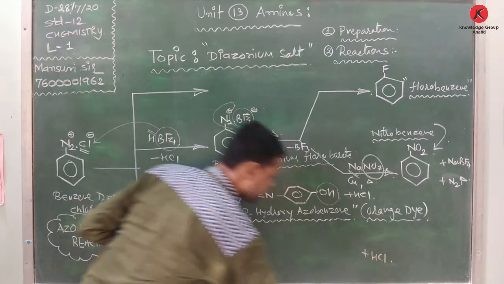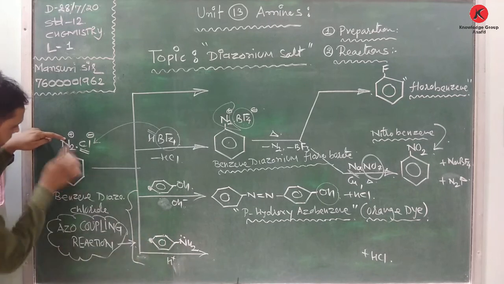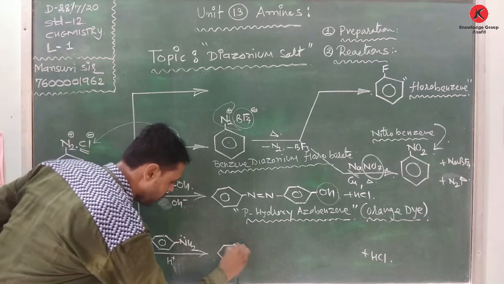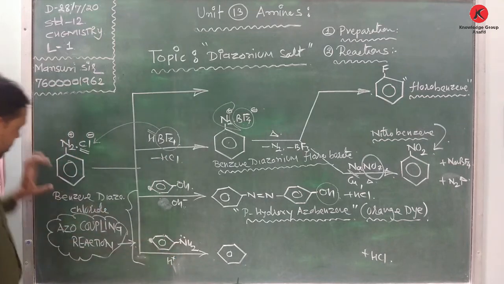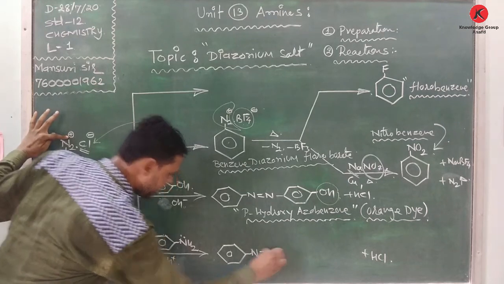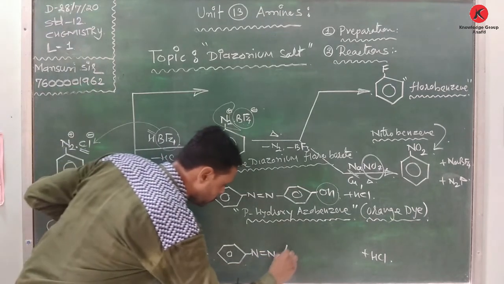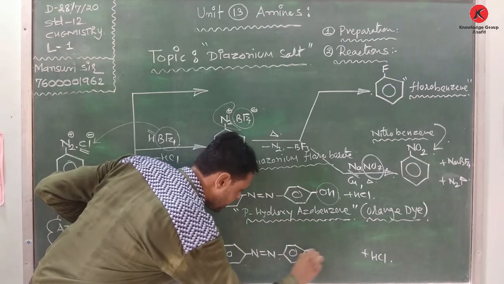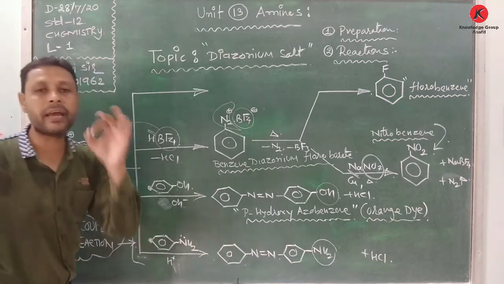So this group will be attached to this N2. Now besides your phenol, we are given NH2. So the ring contains N2 and double bond N, and here ring and NH2, this is amino on the para position.